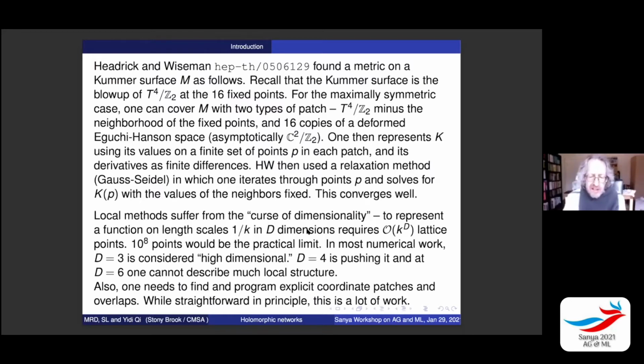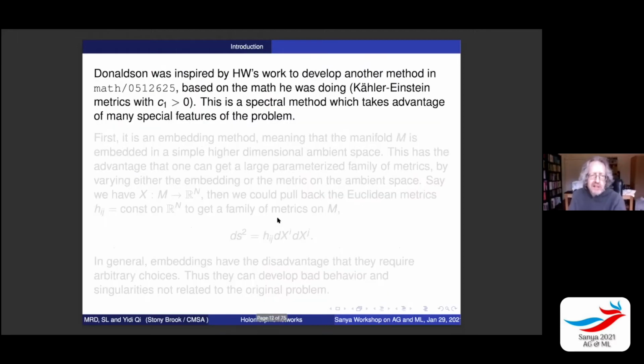A classical PDE is not quite as challenging, but nevertheless, the number of lattice points is basically the ratio of length scales in the problem raised to the power of the dimension. So that power-like dependence makes it grow quickly.